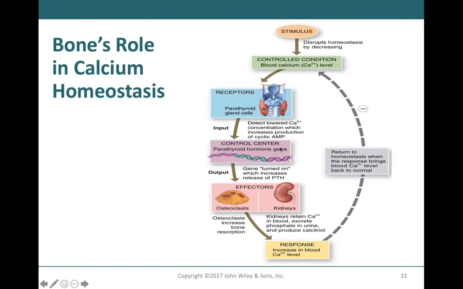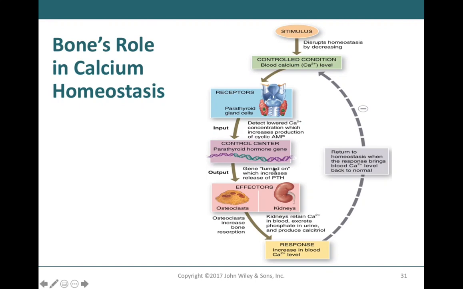And this cyclic AMP is going to make its way all the way to the parathyroid hormone gene inside of our parathyroid hormone cells. Cyclic AMP's effect on the genes of our parathyroid hormone cells is to increase the production of parathyroid hormone. This molecule, cyclic AMP, is going to turn on that gene so that we can create more parathyroid hormone.